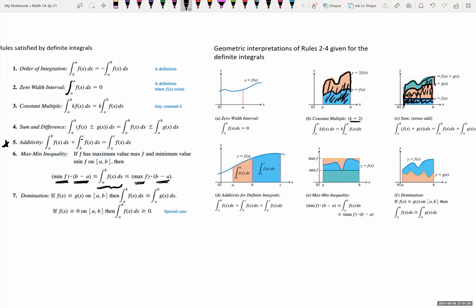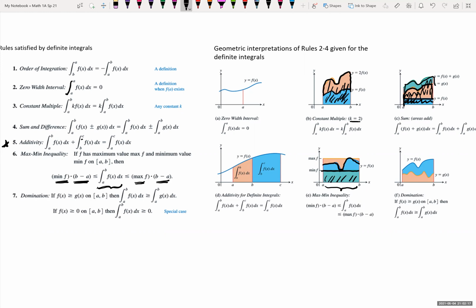So if you look at this graph, the min value that graph hits is right here. And so if we looked at the area using the f value where it hits the min, this is our width, b minus a. This area is going to be smaller than our integral.